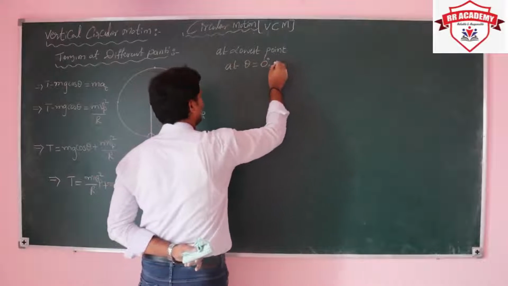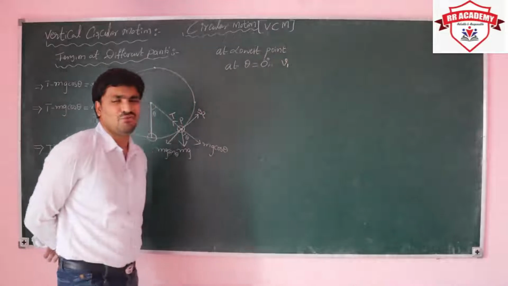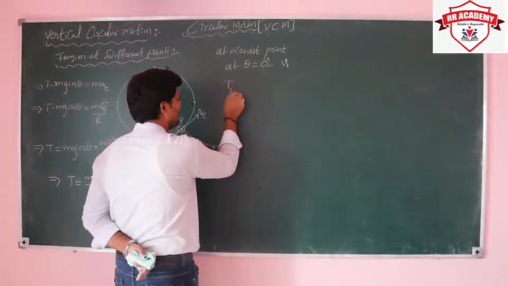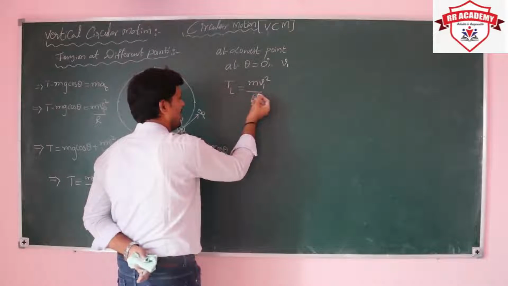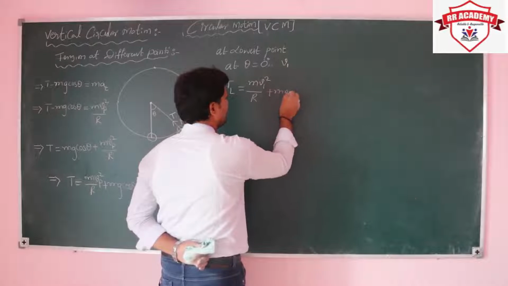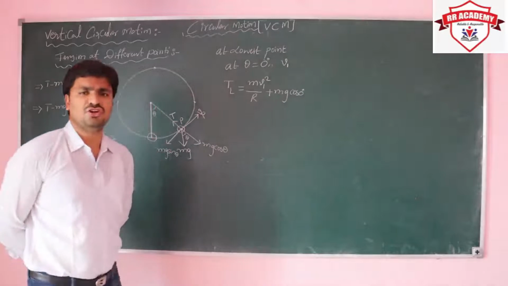What is the velocity at theta is equal to 0 from the previous expression? Velocity is v1. So the tension at the lowest point is m v1 square upon r plus mg cos 0. Cos 0 is 1.